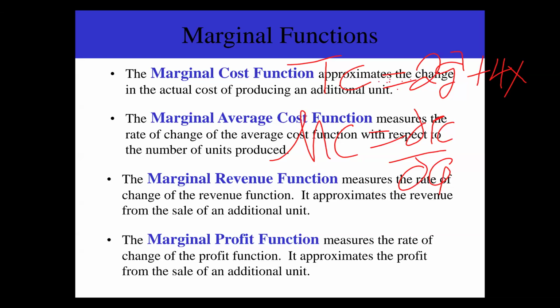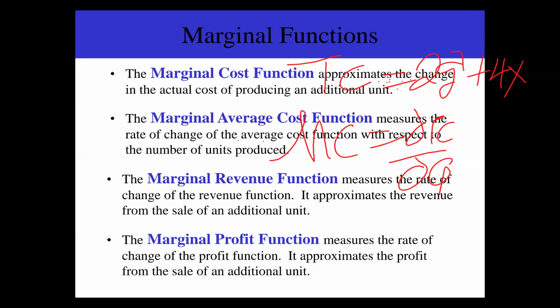It can be any question, you understand? Just like a normal equation. So now you differentiate that equation with respect to the variable in question, and then you find that's the marginal cost. Okay?